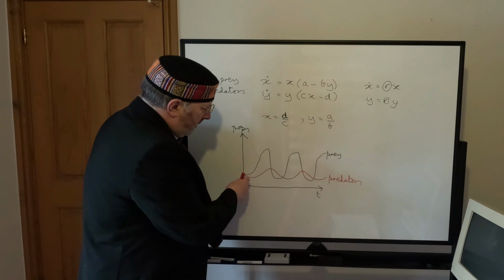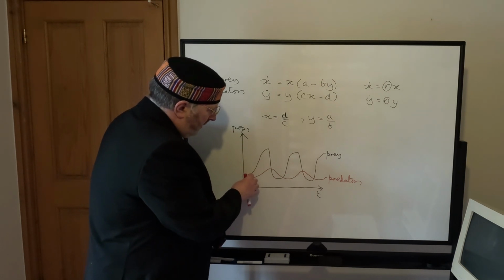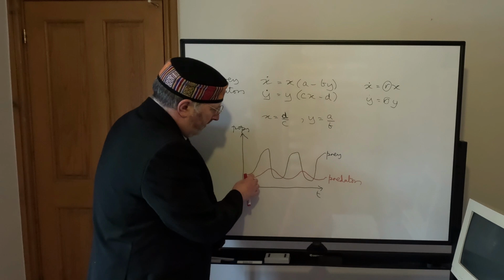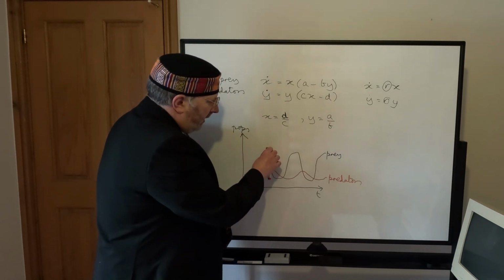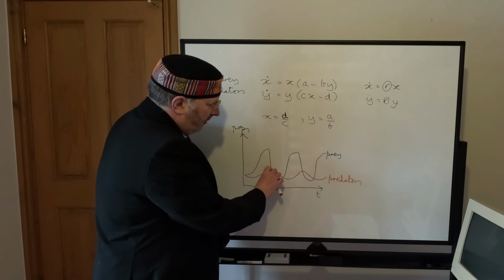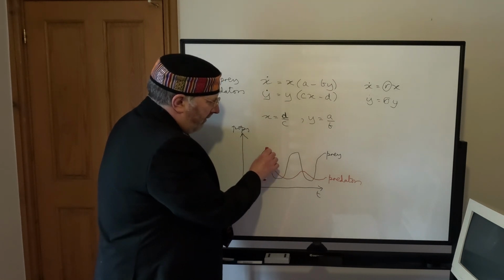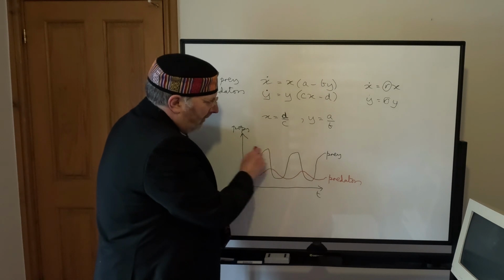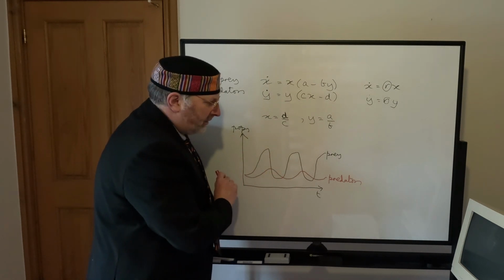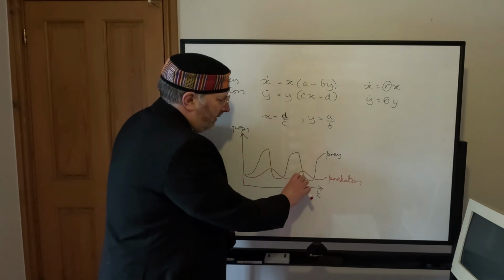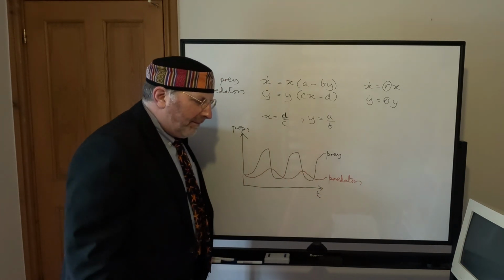So you can see that when the predator population is low, the prey starts to increase, but that's causing the predator population to increase, and at this point the predators are overwhelming the prey and their population crashes, and that causes the predator population to decline as well, and then the whole cycle repeats.